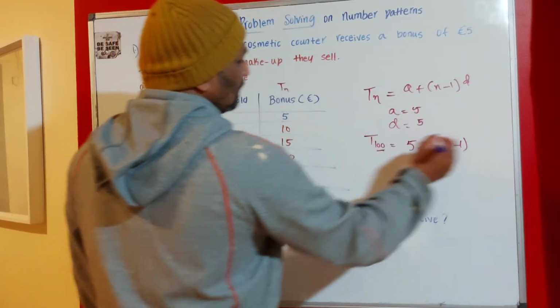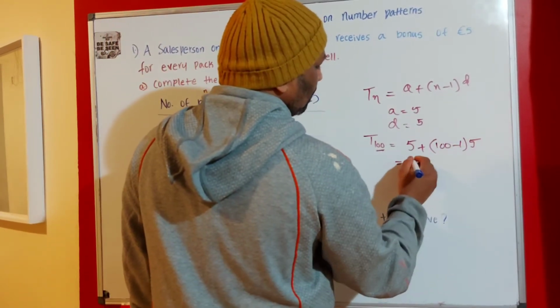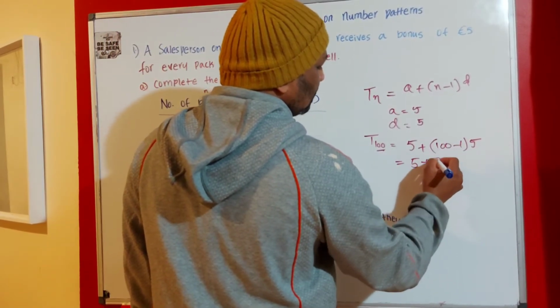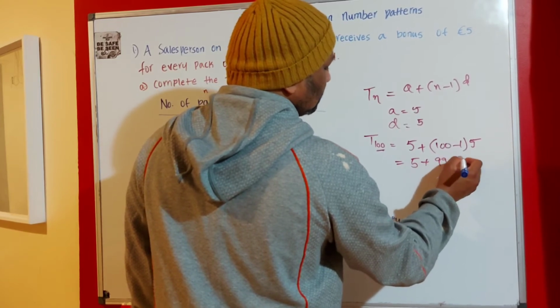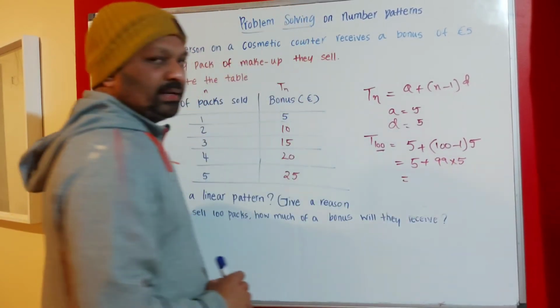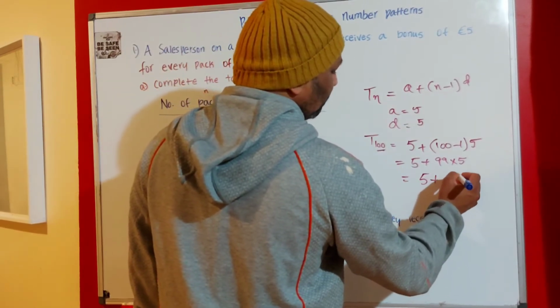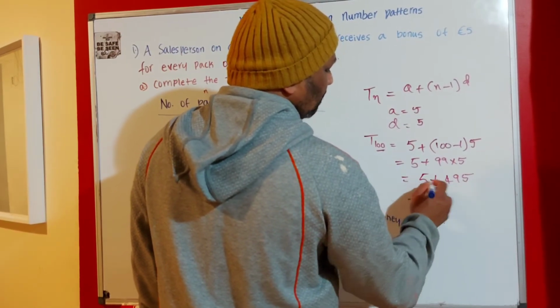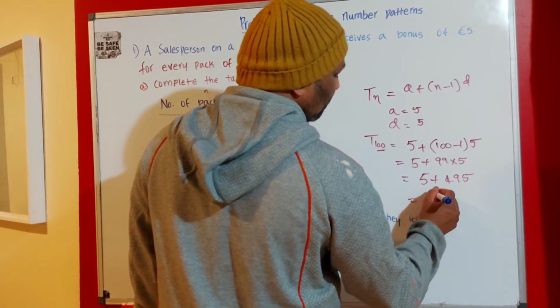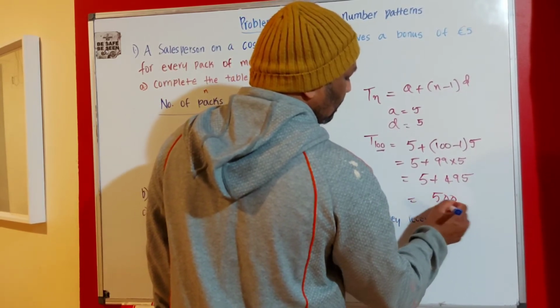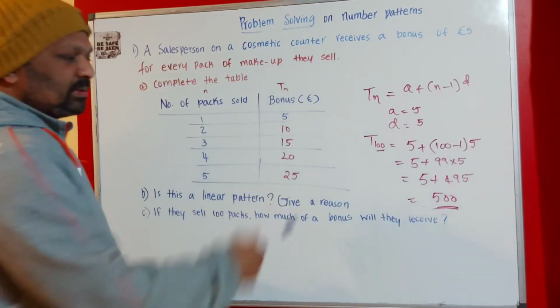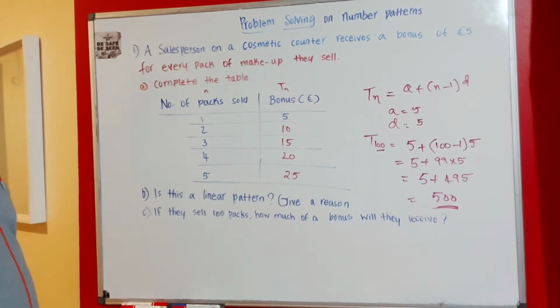What is d? 5. So 5 plus 99 into 5, which is 5 plus 495. 5 plus 495 is 500. If he sells 100 packets, he's going to get 500 euro as a commission.